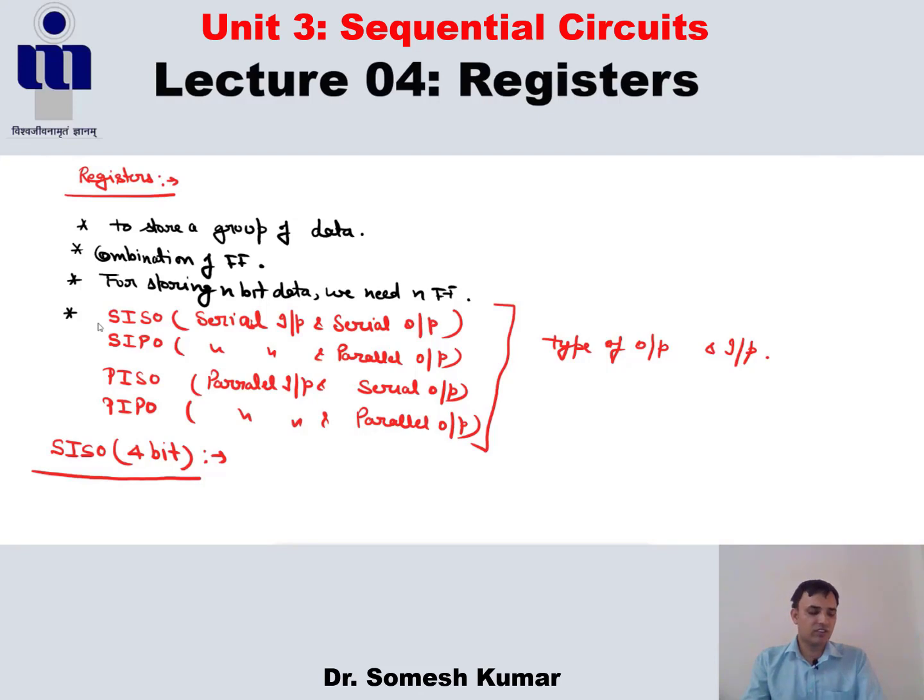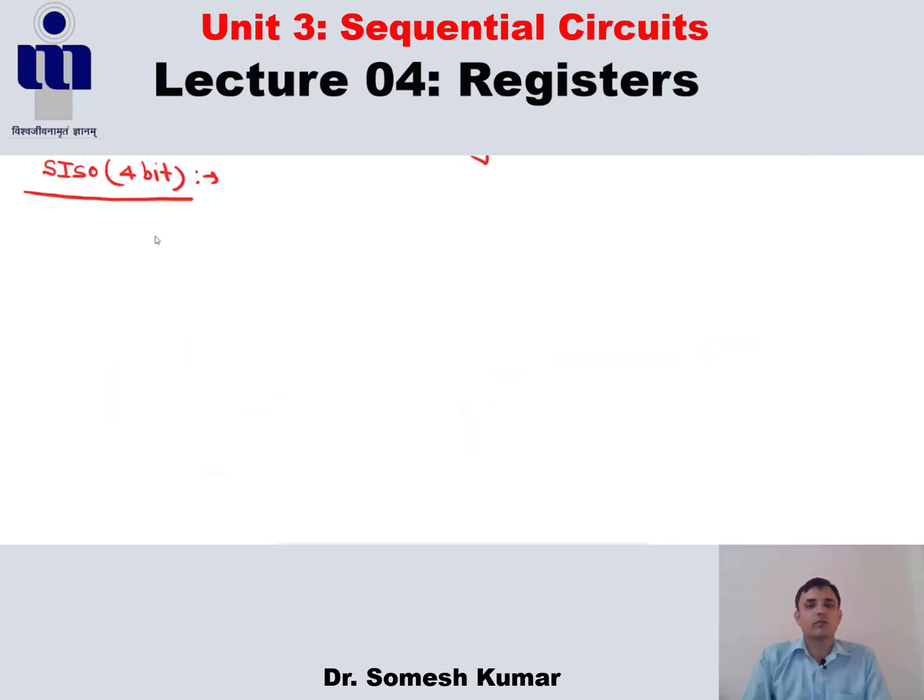First we will study the block diagram of the 4-bit serial input serial output register. Then we will study how we give the inputs and how we get the outputs in these registers according to the clock pulse. Now we will study our first shift register, that is serial input serial output.